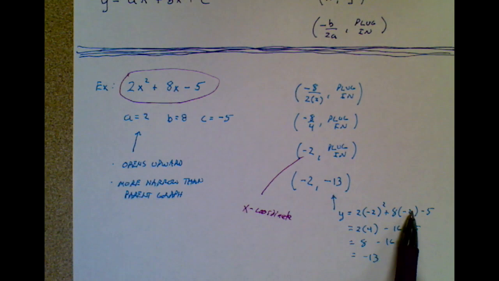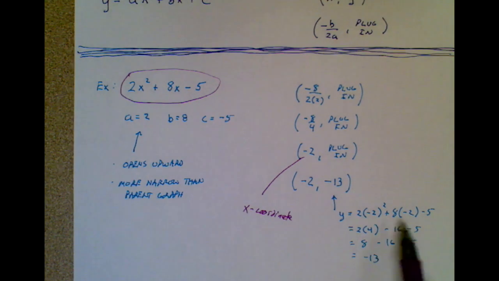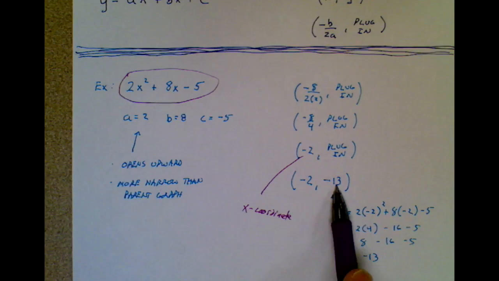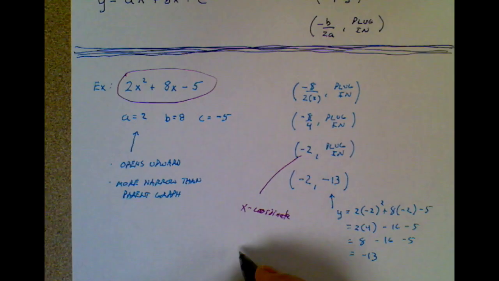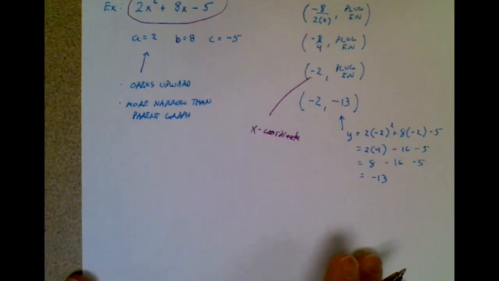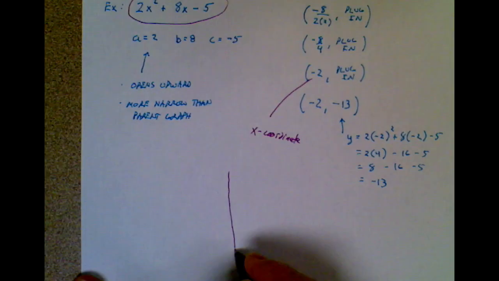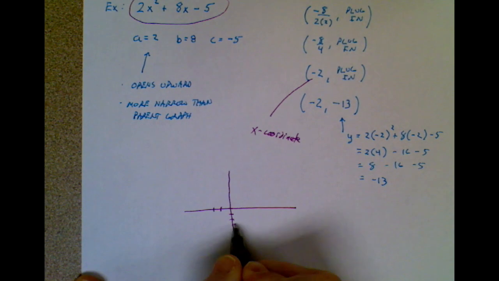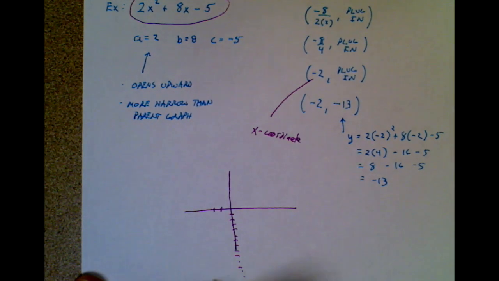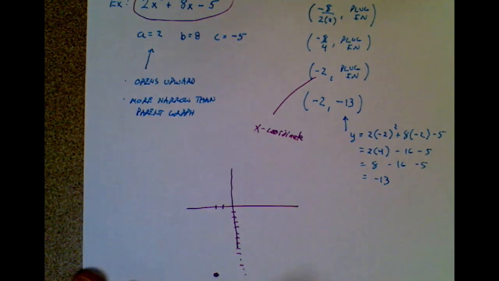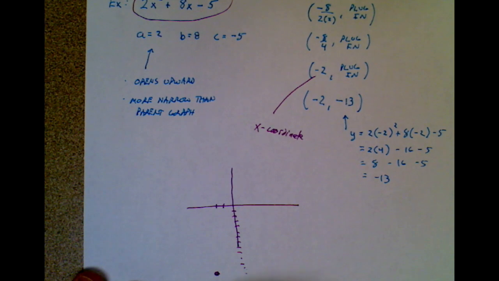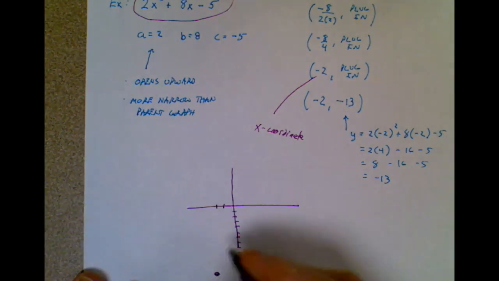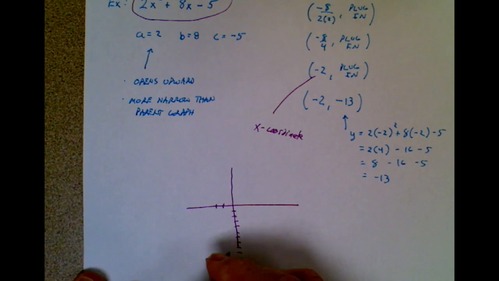Gradually, through baby steps, I resolve it down into a number, -13. If I were to graph this parabola, I don't know exactly what it looks like, other than that it opens upward and is a little narrow. The vertex would be way down at the bottom of the screen, wherever -13 is. So (-2, -13) is the vertex of my parabola, and I know it opens upward, so it's going to do something like that.